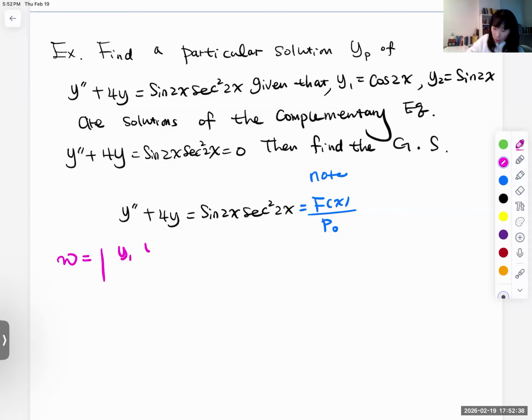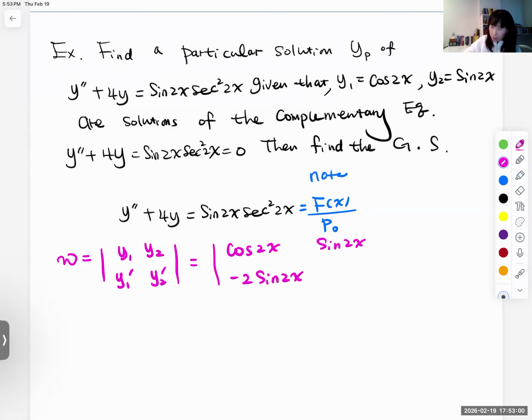So y sub 1, y sub 2, y sub 1 prime, y sub 2 prime. Okay, so y sub 1 is cosine 2x, y sub 2 is sine 2x, and the derivative of cosine is negative sine 2x times 2, right? So negative 2 sine 2x.